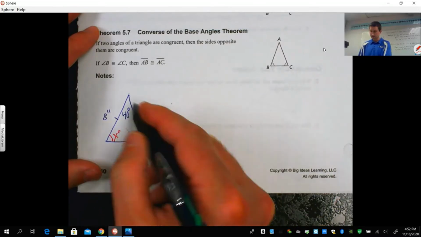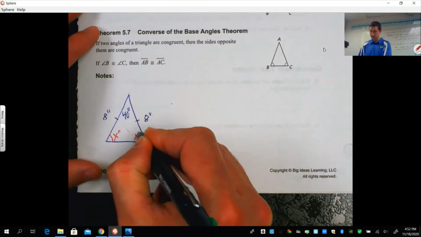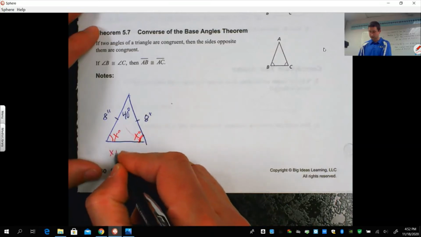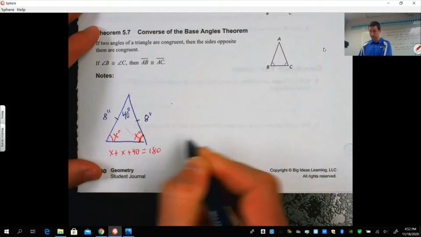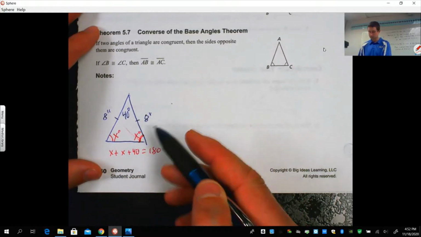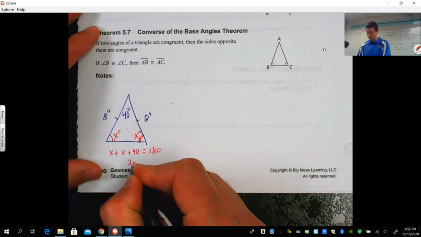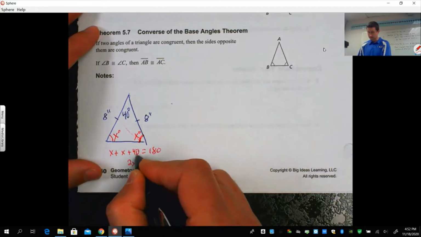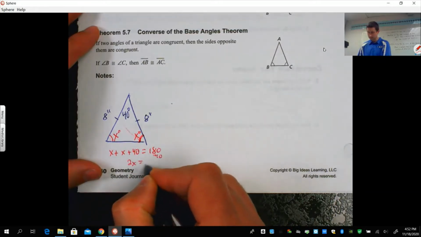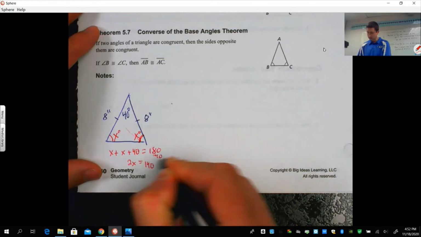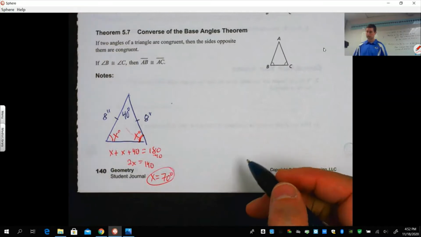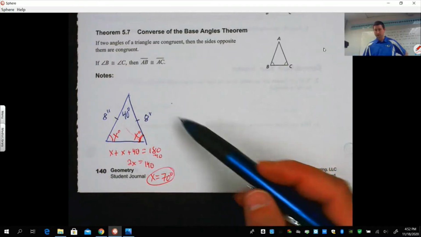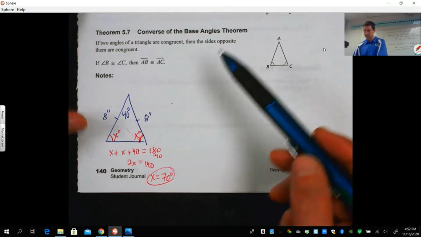If that's x degrees, that means this one has to be x degrees. So x plus x plus 40 equals 180 degrees because we have a triangle. So 2x, minus the 40 over, 180 minus 40 is 140. So x is going to equal 70 degrees. So those would be 70 degrees down there. That's what the base angle theorem is going to say.